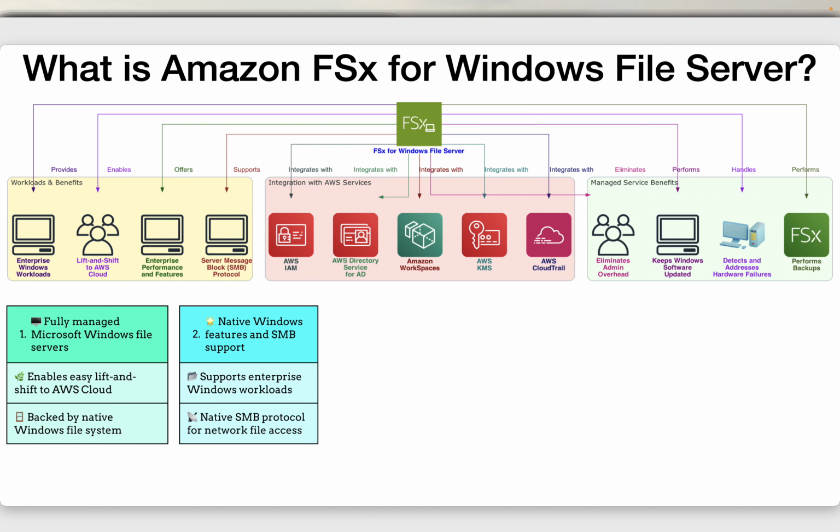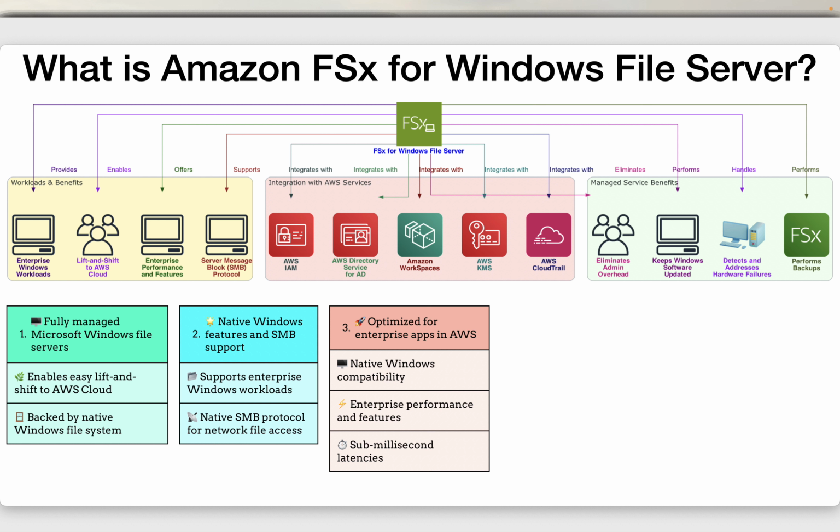Amazon FSx supports a broad set of enterprise Windows workloads with fully managed file storage built on Microsoft Windows Server. It has native support for Windows file system features and the industry-leading server message block SMB protocol for network file access.